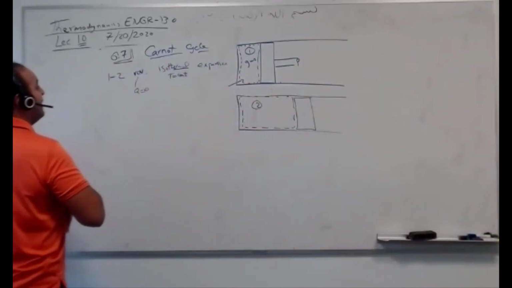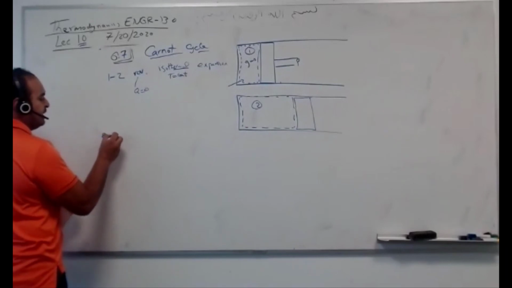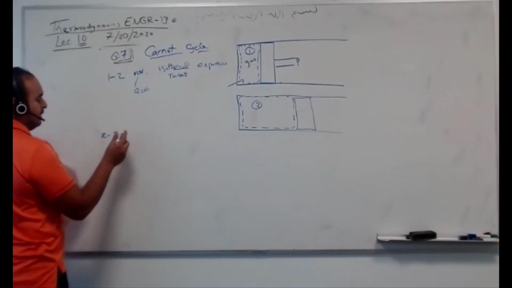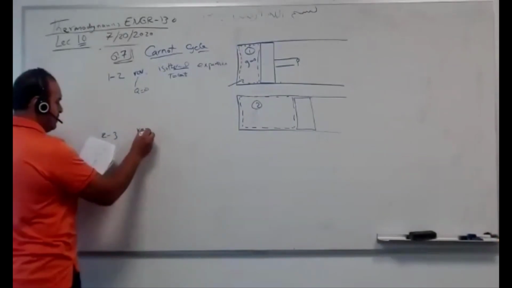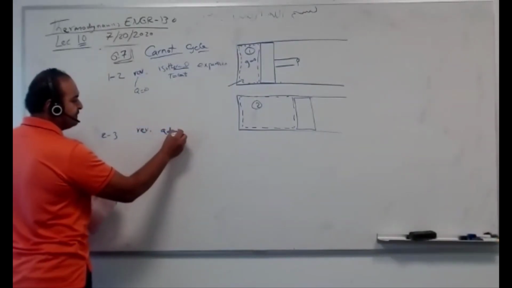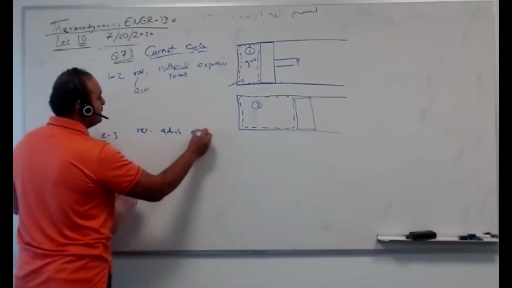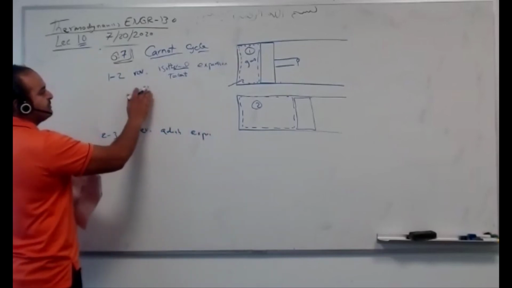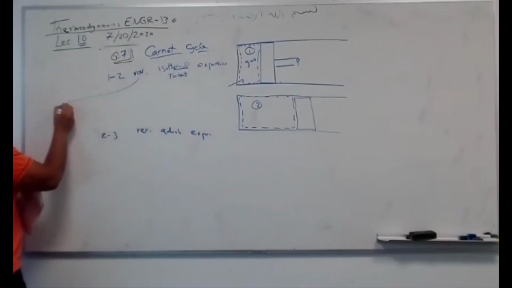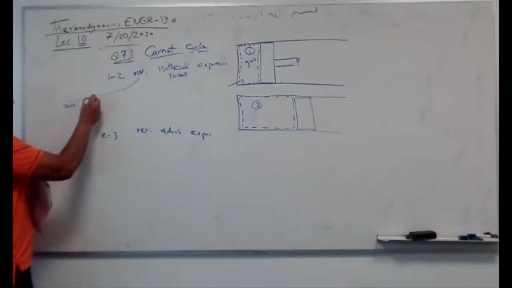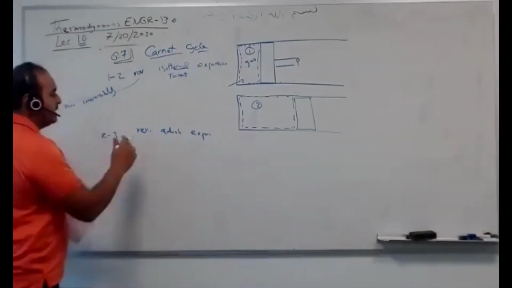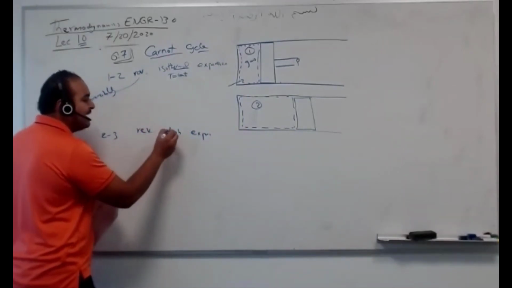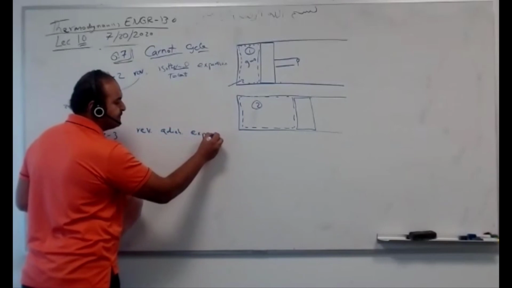He said, no, I'm gonna do another expansion. 2 to 3, another, we call it reversible adiabatic expansion. So this is just reversible. Reversible means it has 0 irreversibility. I can return it back. I will see that later. So this is reversible adiabatic expansion.